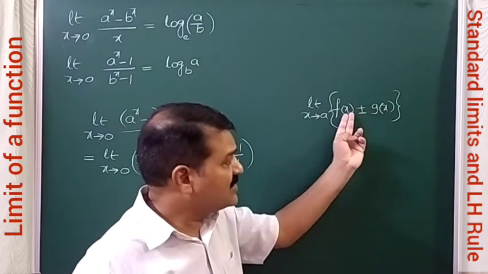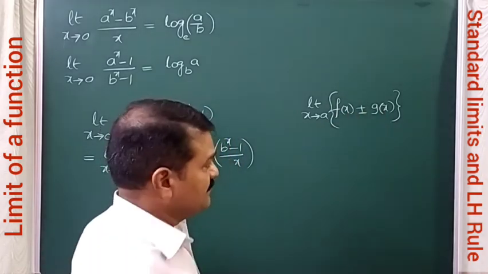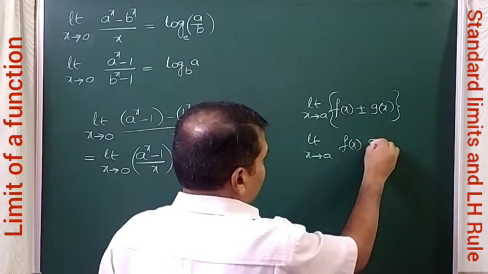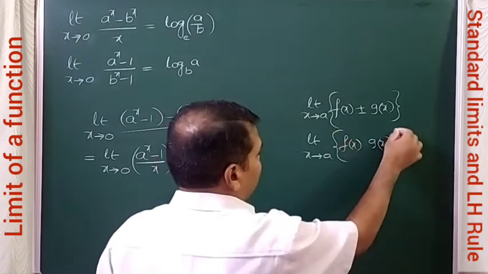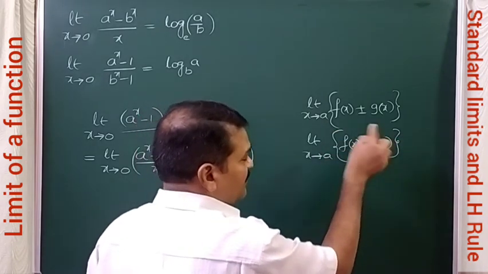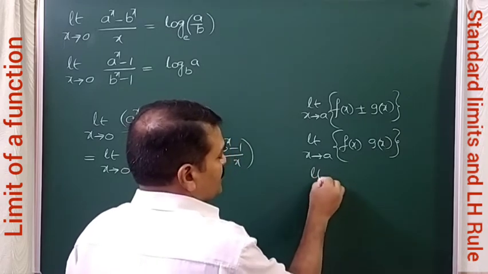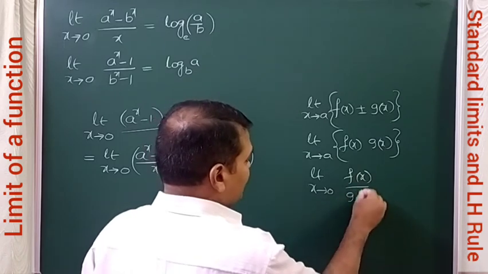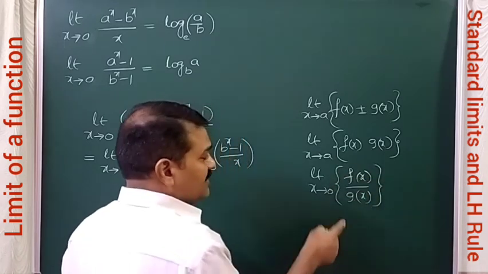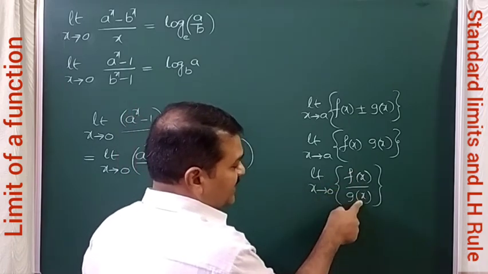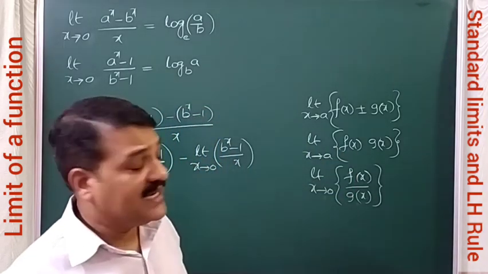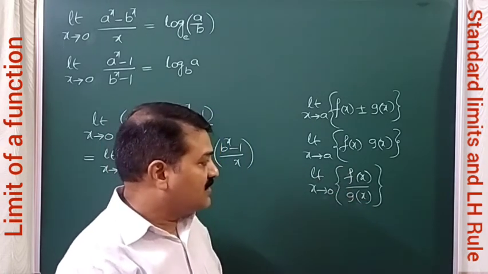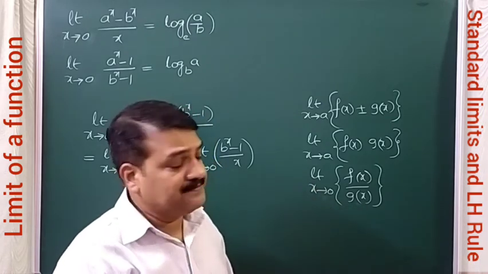When you have product of functions also, you can separate the limit, provided they are finite limits. Whenever you have f of x by g of x, here also you can separate the limit, but after separately writing the limit, you must get finite limits and the denominator should not be 0, because g of x is in the denominator. You cannot get 0 in the denominator.